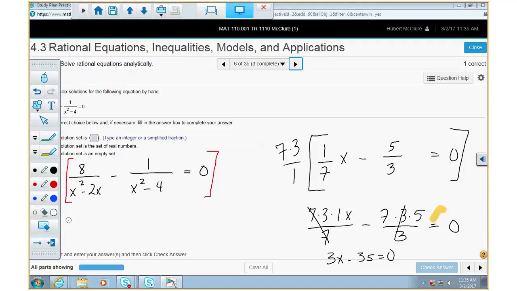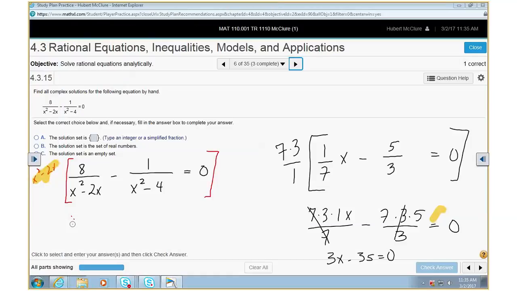Okay, let me get back to what I was doing. Hold on a minute. Okay. There. So you can factor out an x here, and let's change it to 8 over x times x minus 2, minus 1 over x plus 2 times x minus 2.